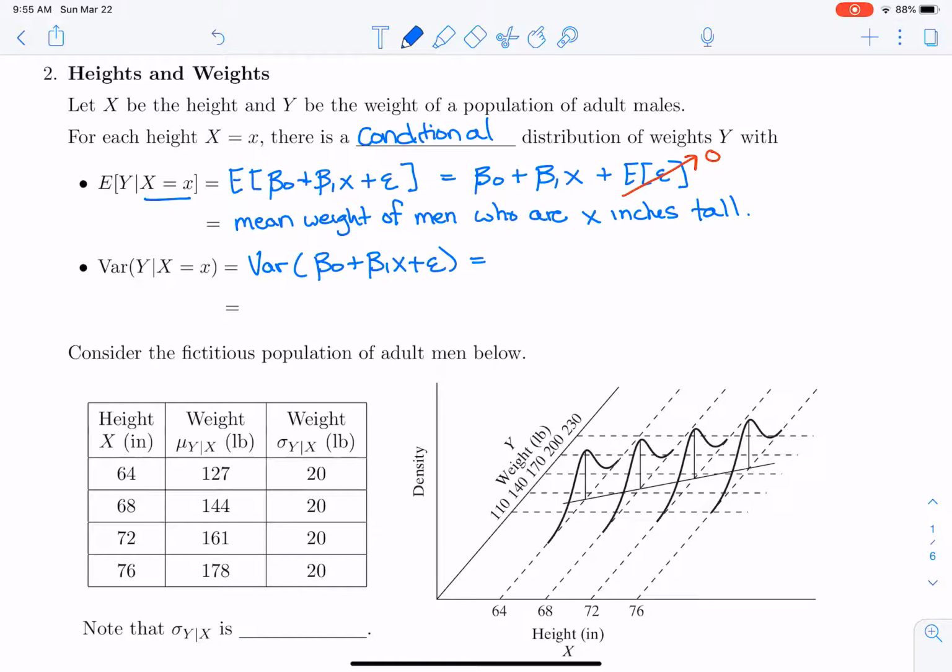So if we shift epsilon by that constant, then the variance of beta 0 plus beta 1 x plus epsilon should just be the variance of epsilon, because that's the only random variable that we see here. And then we're again going to define this epsilon so that the variance is equal to sigma squared. Okay, so this is going to be by definition.